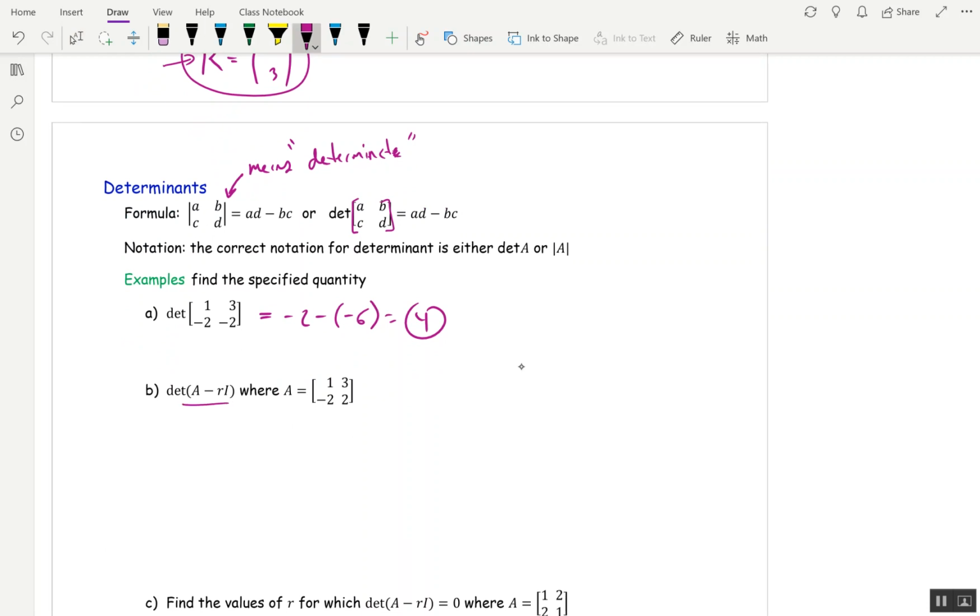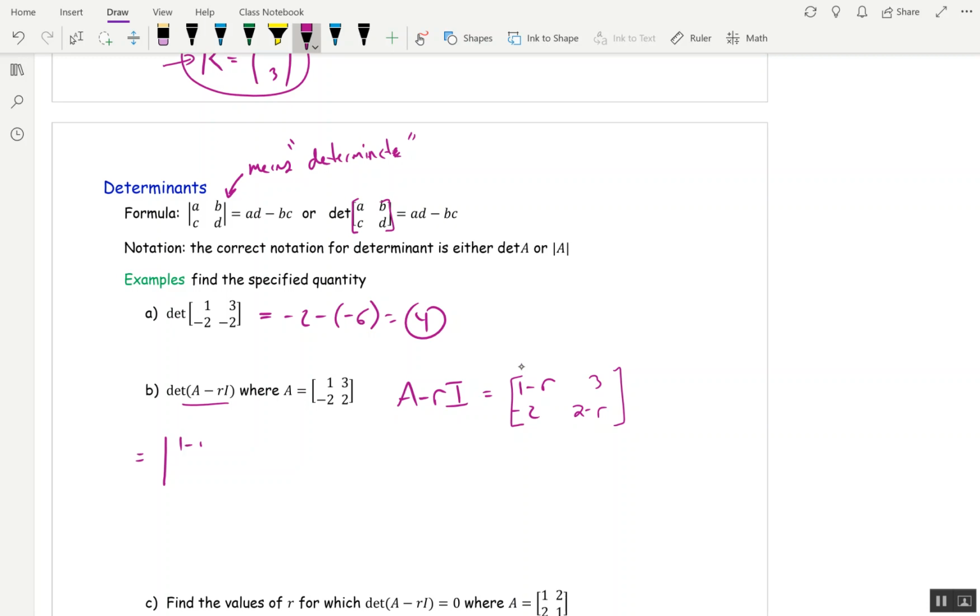So, here's A. So, A minus Ri. We did this in the first part of the lecture. When you subtract R times the identity from a matrix, you end up subtracting R on the main diagonal. So 1 minus R, 3, -2, 2 minus R. We want the determinant of that matrix. I'll use straight bars here.